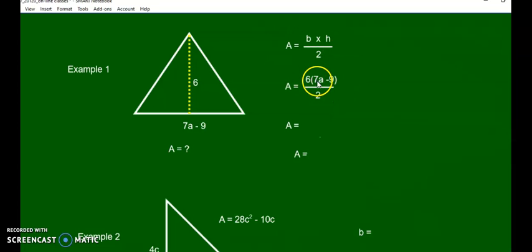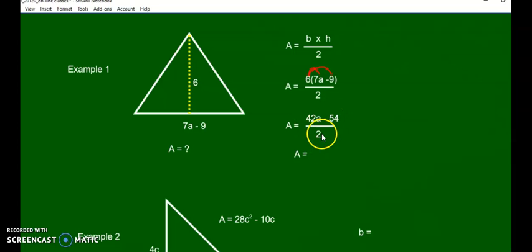So 6 times 7a, I have to use the distributive property here: 6 times 7a and 6 times 9. 6 times 7a is 42a, and 6 times minus 9 is minus 54, divided by 2. Now I have to divide each term by 2.